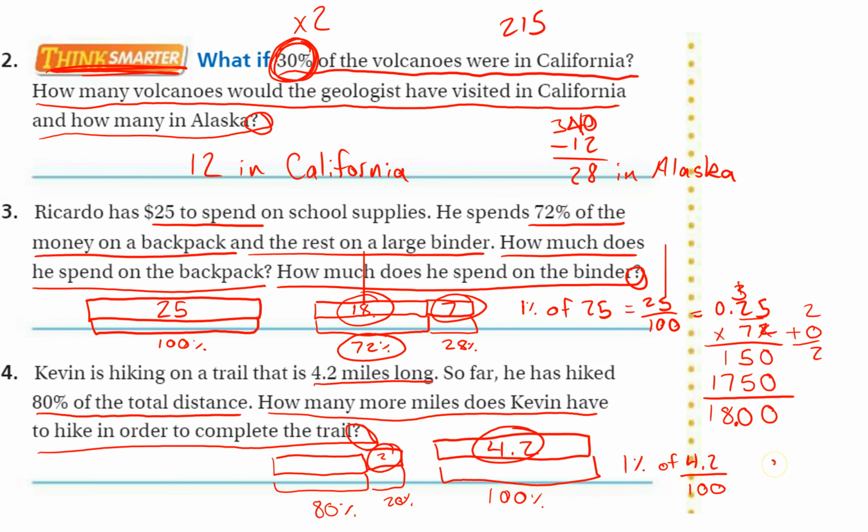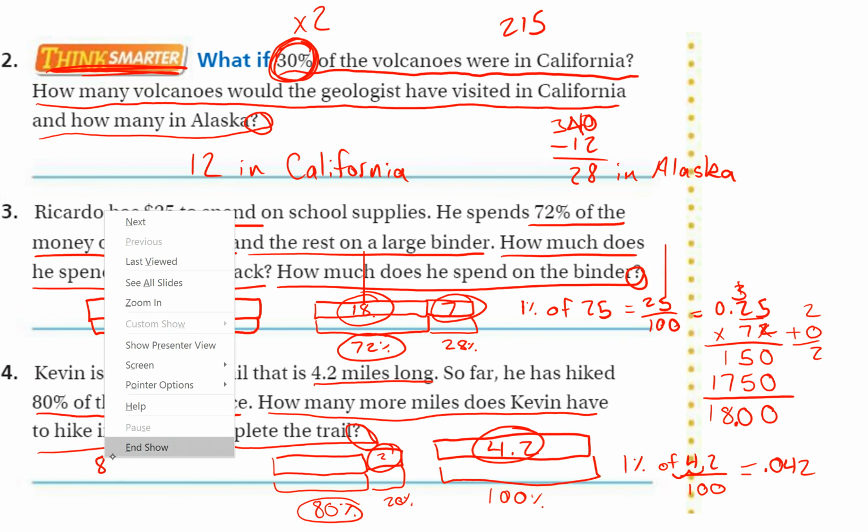So that's going to be 0.042. So 1% is equal to 0.042. So now I need to multiply that times 80 to see how far he's already gone.